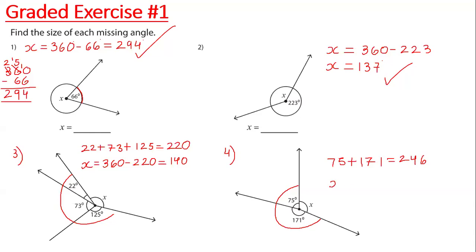And then for x, it's gonna be equal to what? 360 minus 246, which gives you 114. And that equals 114. So x is equal to 114.